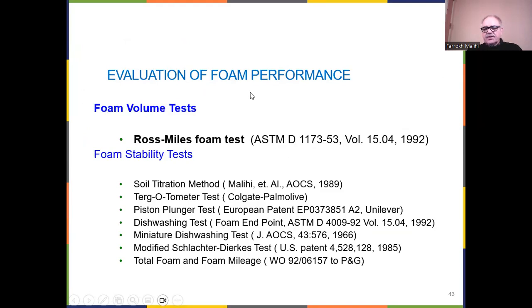We can measure this, we can quantify this. Foam volume can be measured by an ASTM method known as the Ross-Miles foam test. And foam stability can be analyzed by a variety of techniques: soil titration technique, tergotometer test, dishwashing test, and so forth.